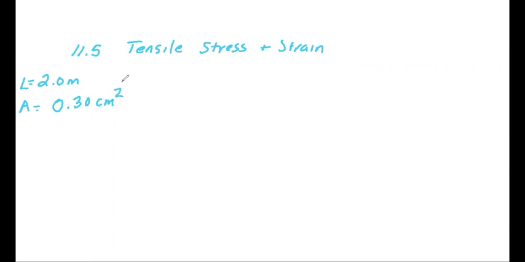It is hung from one end by a support, and a 550 kilogram milling machine is hung from the other end. So M equals 550 kg milling machine. Determine the stress on the rod and the resulting strain and elongation. Okay, let's go ahead and do that.